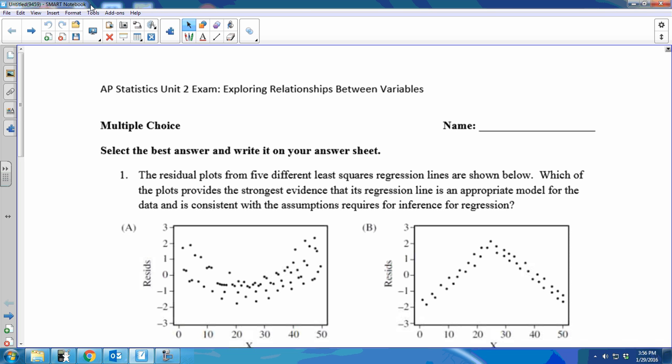The residual plots from 5 different least squares regression lines are shown below. Which of the plots provides the strongest evidence that its regression line is an appropriate model for the data and is consistent with the assumptions required for inference for regression? So if you want your regression line to be appropriate, then you want your residual plot to show you pretty much nothing, no pattern at all.